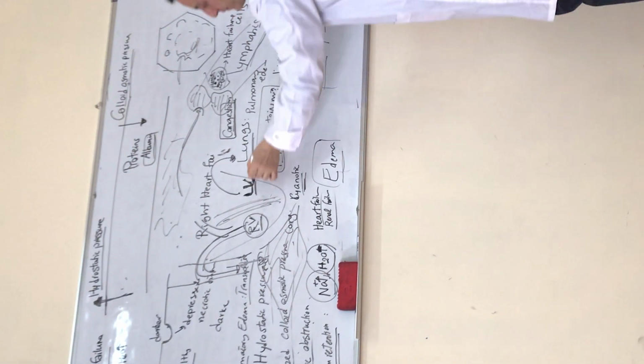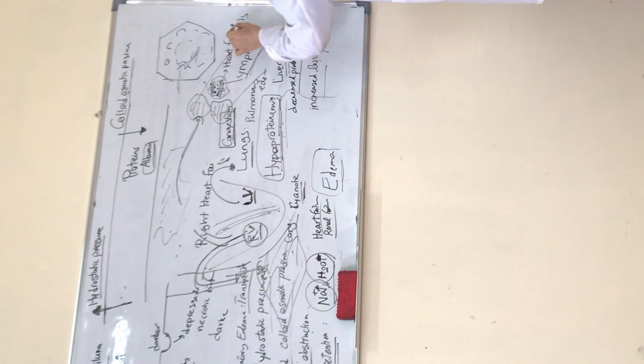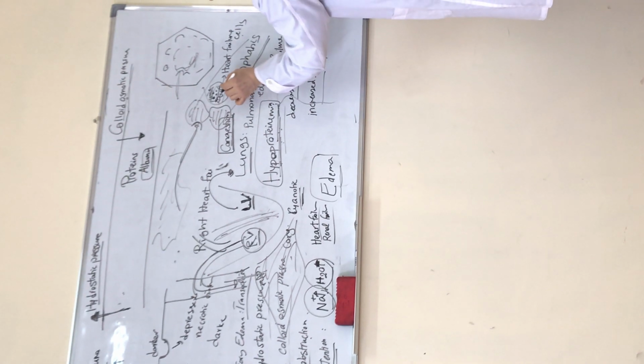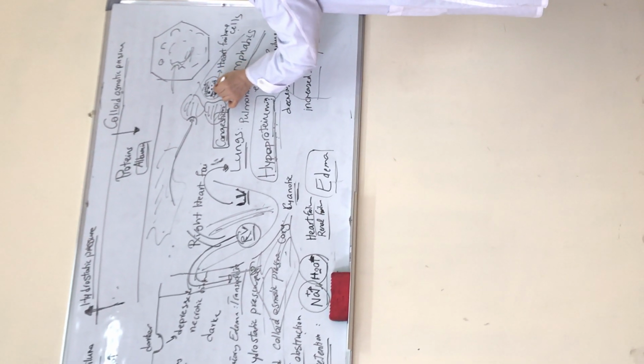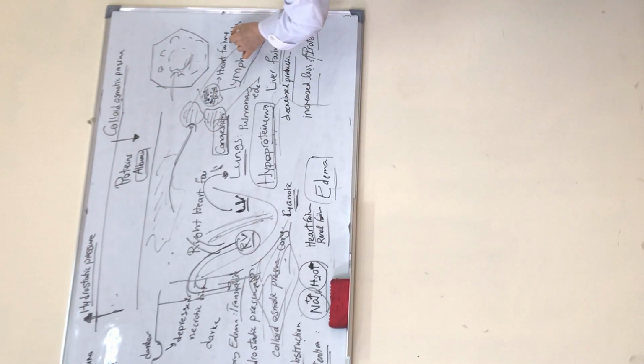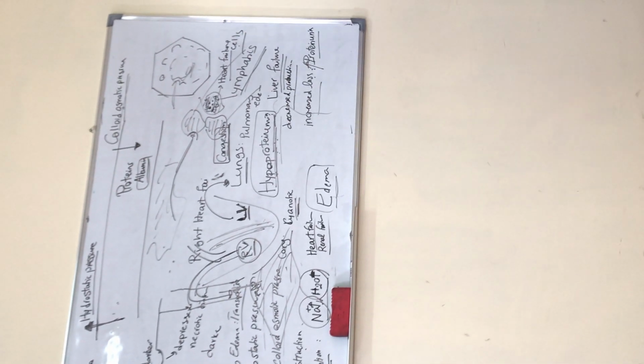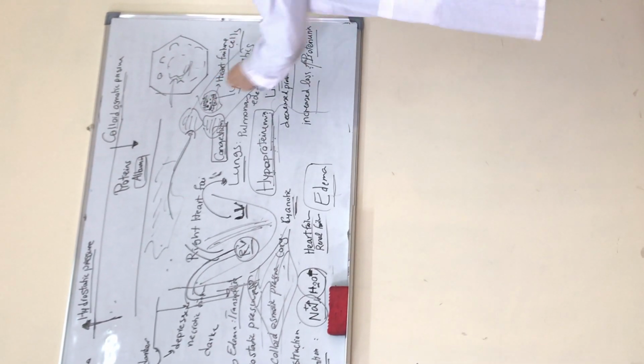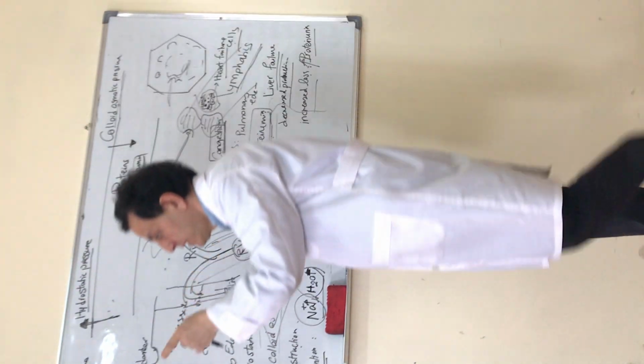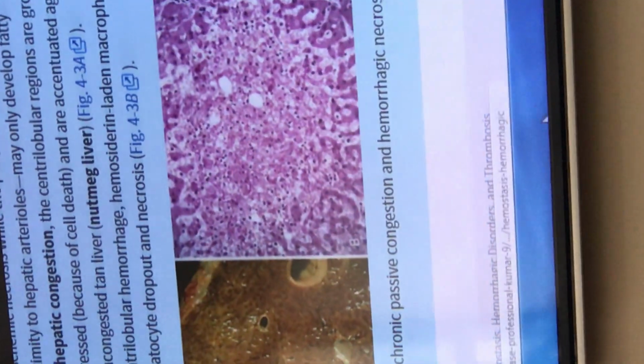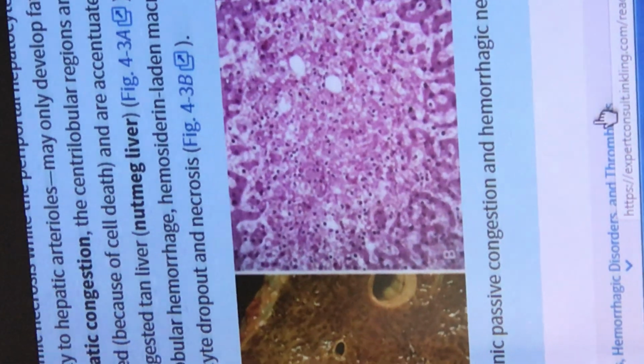So in left heart failure, pulmonary edema causes accumulation of macrophages that contain iron. They are called heart failure cells. So heart failure cells in the lung, and nutmeg appearance in the liver. So these are examples of congestion.